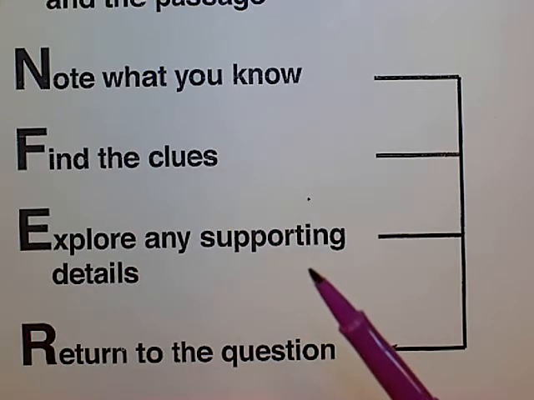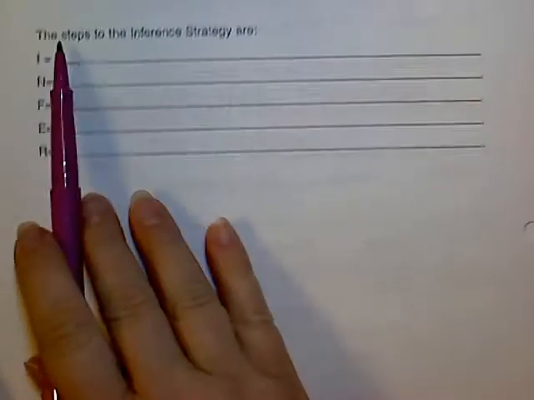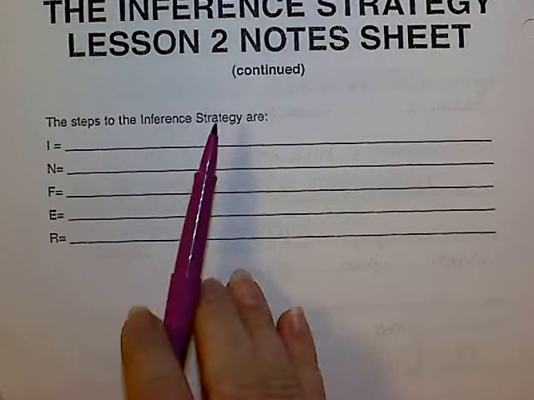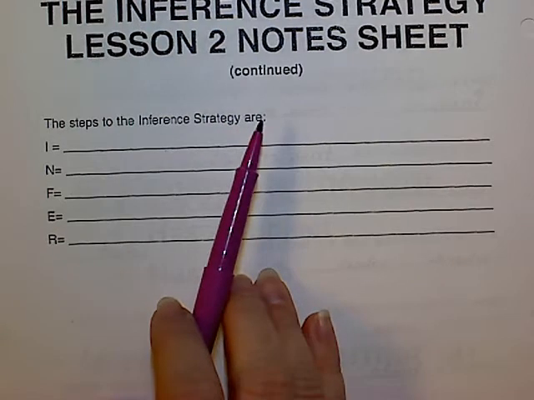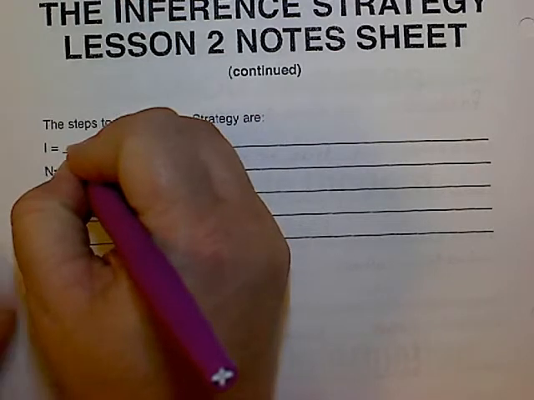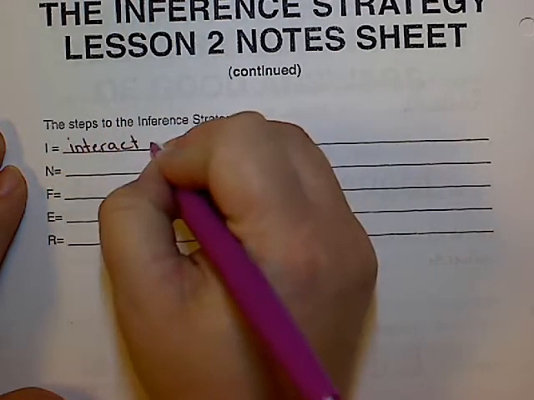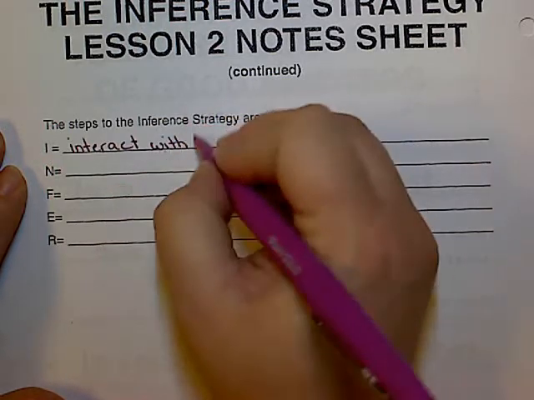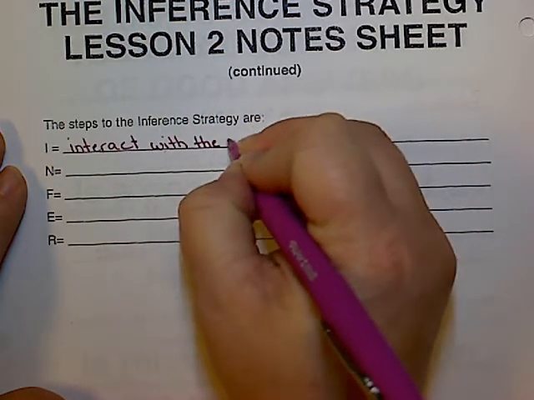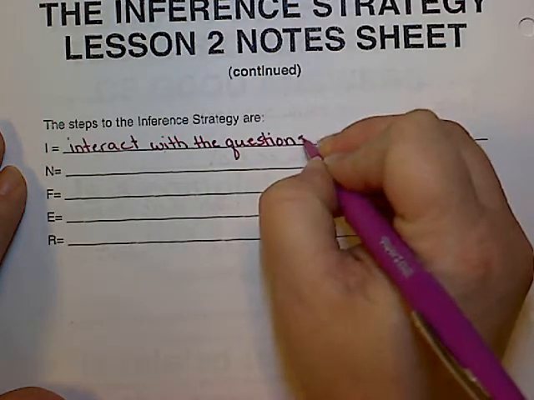Okay, so now that you learned the infer strategies, let's go back to our notes page, flip it over. Let's go back and put in what the steps to the inference strategy are. This is just another review to make sure that we know them. I means we are going to interact with the questions and the passage.